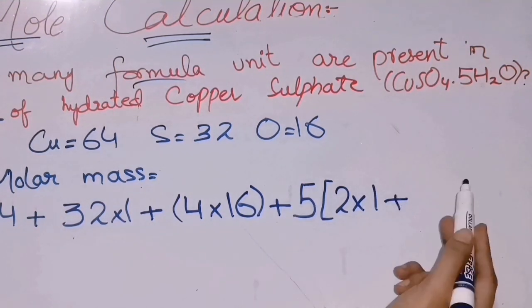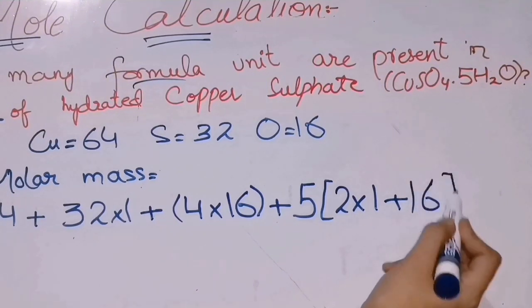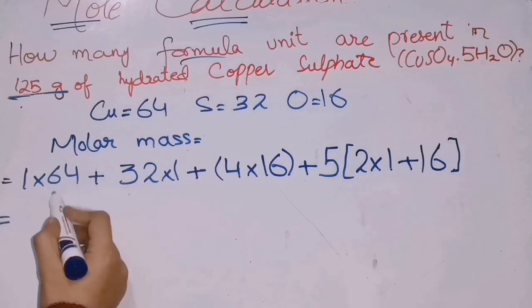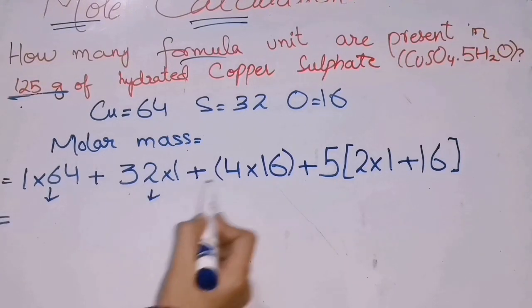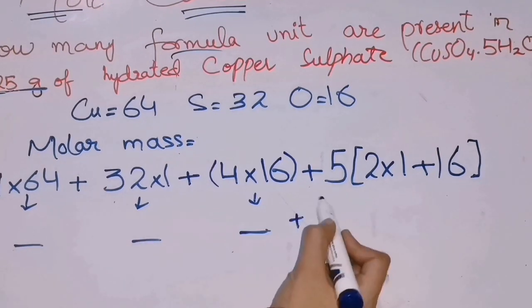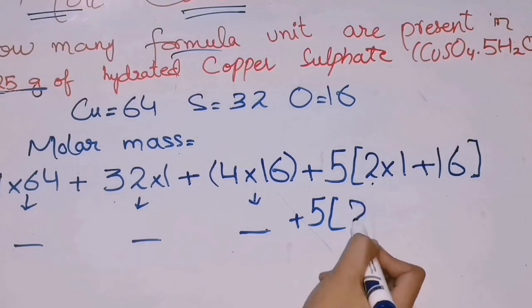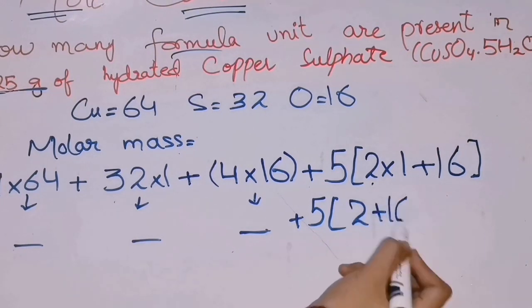Then we will add the atomic mass of oxygen. It is 16. So in this case we will multiply this and this, we will write their answers, plus we will write 5 in its place and we will multiply first this and plus 16.